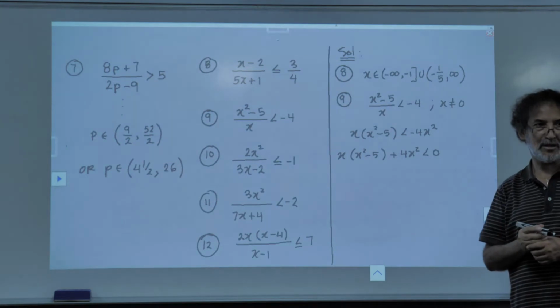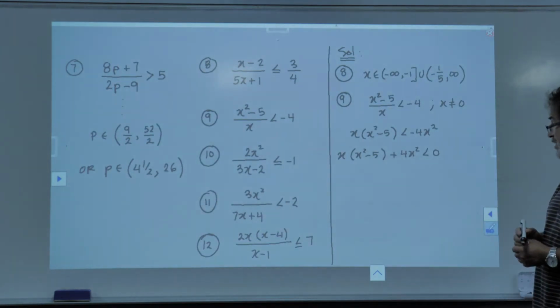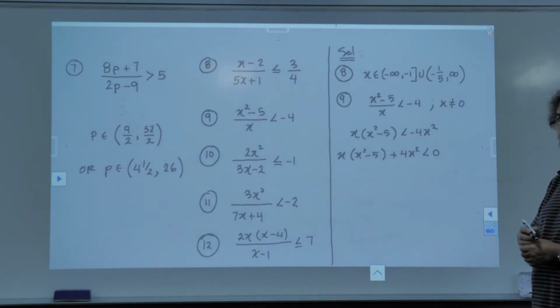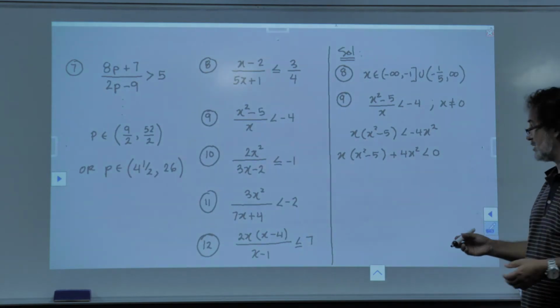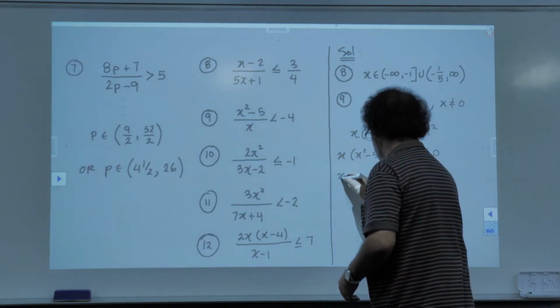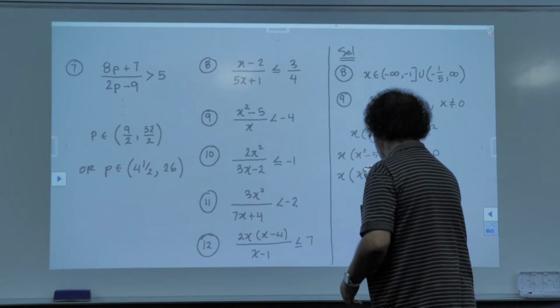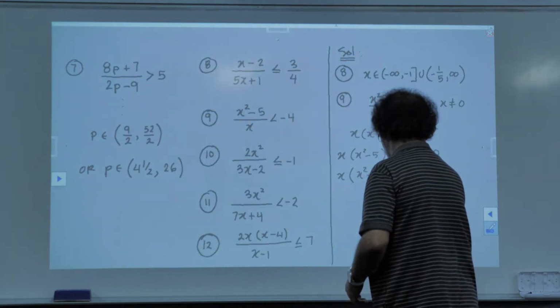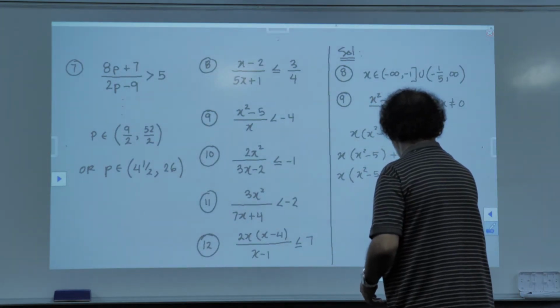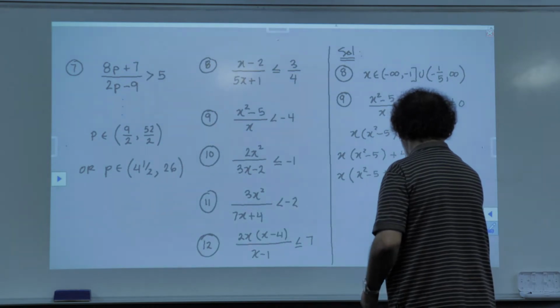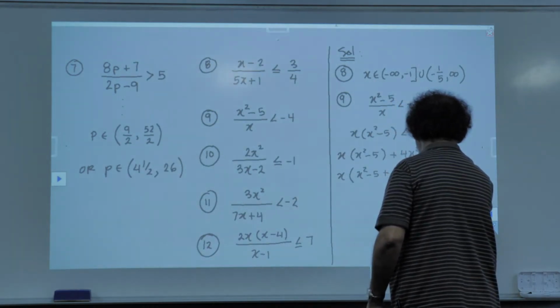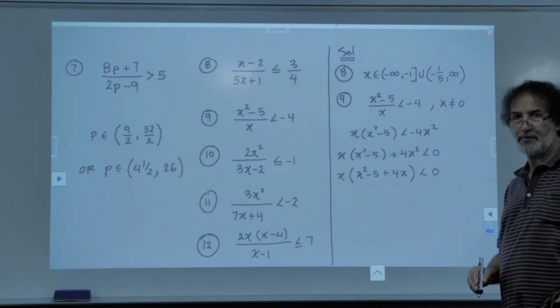Then we have a common factor, which is x. Can you see that that is the only common factor? So x is a common factor of x squared minus 5 plus 4x, close bracket, less than 0.